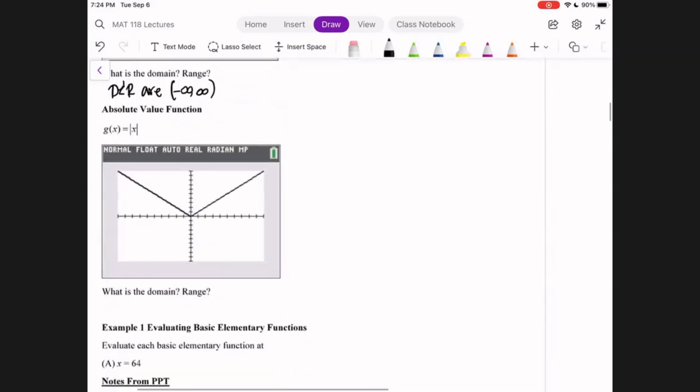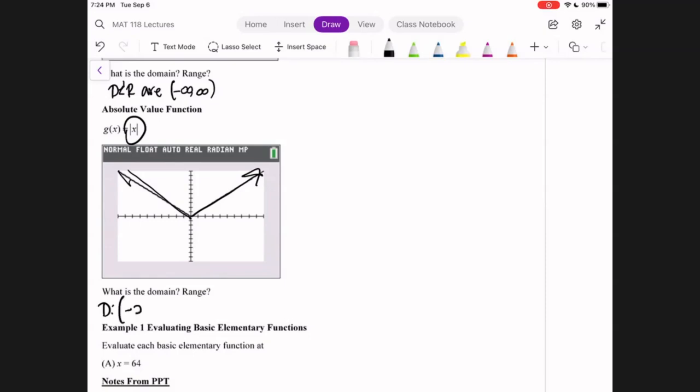And then lastly, we have the absolute value. It looks kind of like a squared function, except instead of curved, it's flat. It looks like a triangle. So for the domain, I can plug in any value and get the absolute value. Remember, absolute value is the distance from 0. So how far is this number from 0?